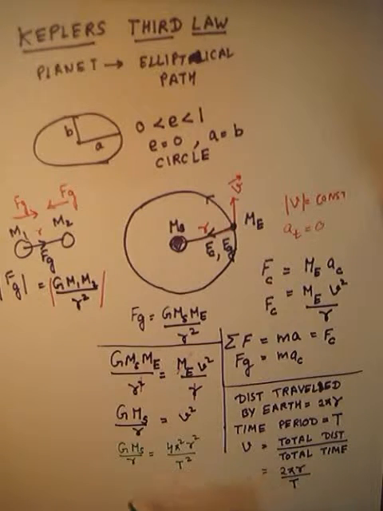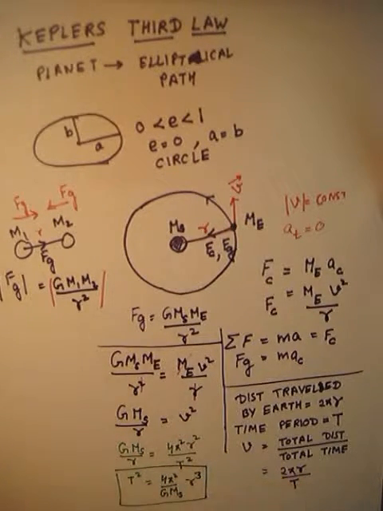So from here we can say that T squared will be 4 pi squared upon G M_S, times R cube. And this entire quantity is a constant, because 4 is a constant, pi is a constant, G is a constant, and mass of Sun will be constant. So this entire quantity is a constant.